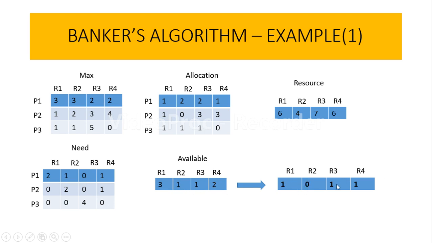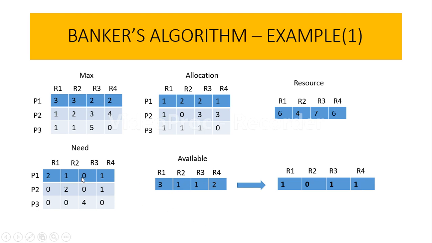R3 was not required, so the 1 instance of R3 is still there. Now check R4. R4 total availability was 2, P1 requires only 1 instance, so we have an availability of 1 after allocating the resources for P1.